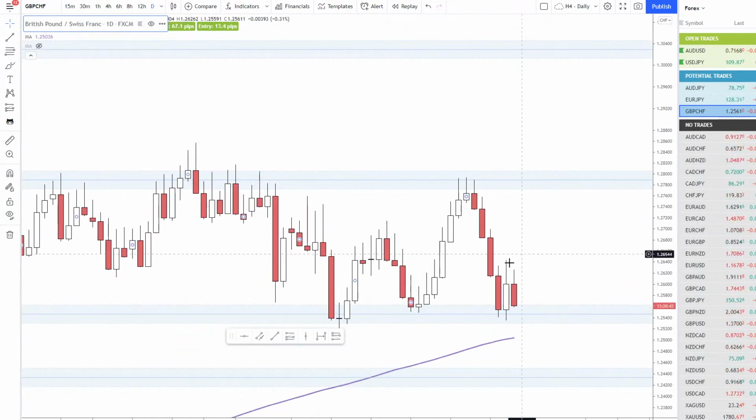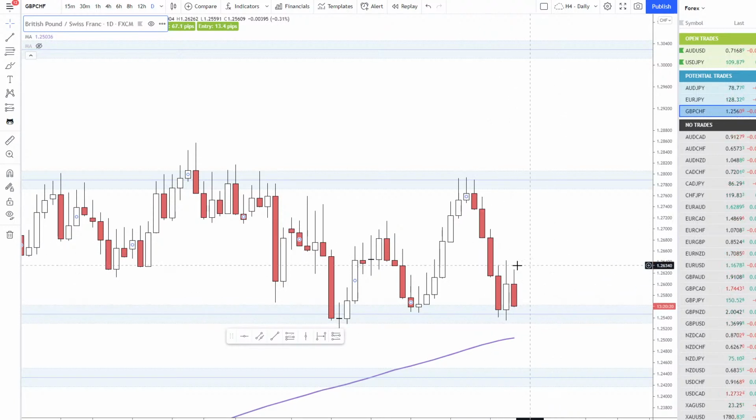My concern with this kind of stuff would be that price has dropped into support, turned around, failed to go up from here, then it comes back down, then I'm entering long here. Is it just going to get back up to here and fail again? That's my concern with that kind of move there.